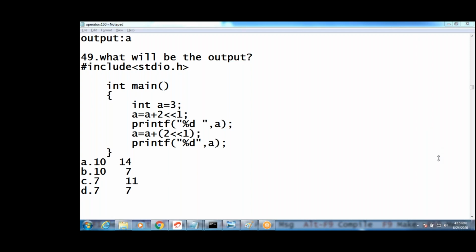Write first. No, it is only for integers.